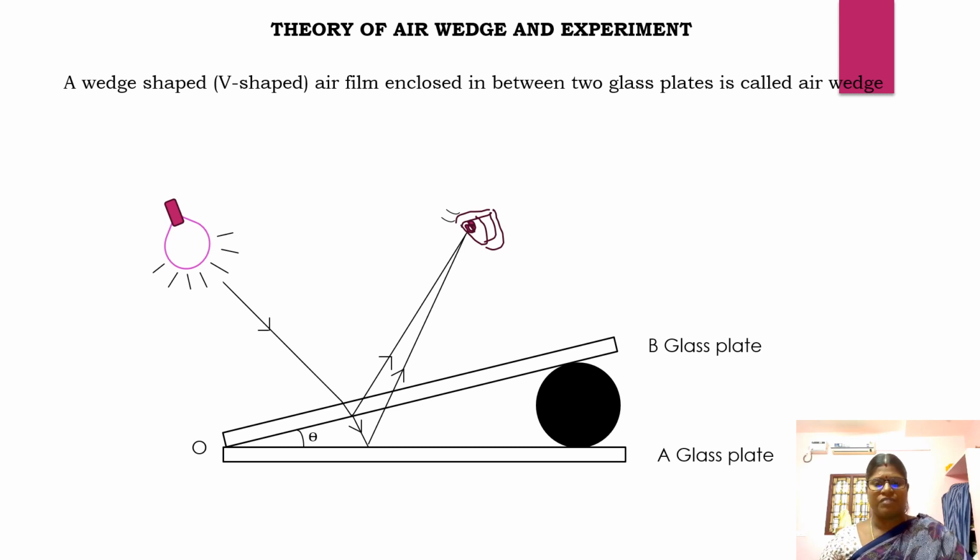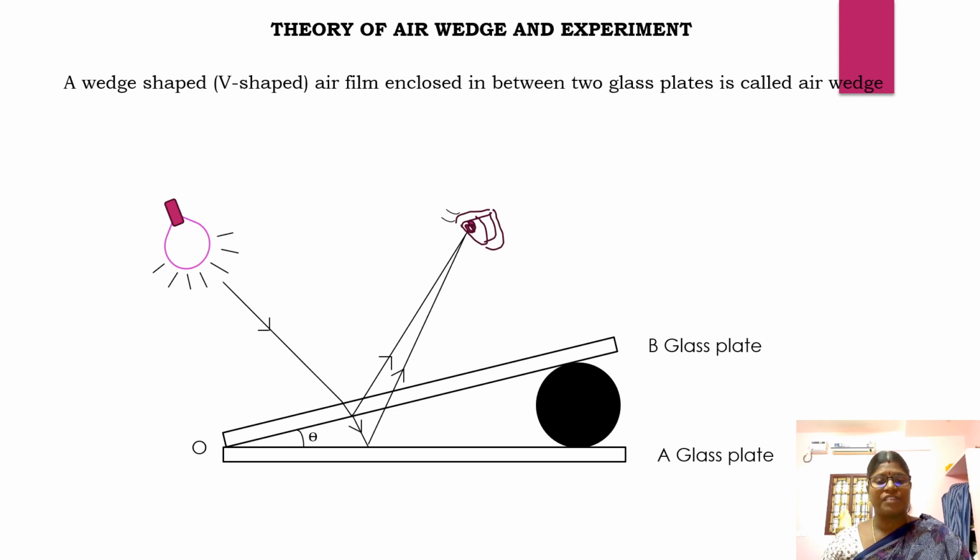The phenomenon of interference that occurs here is explained on the basis of the wave theory of light. The light coming from the source is made to fall on the top glass plate. It penetrates the glass and enters the air wedge.